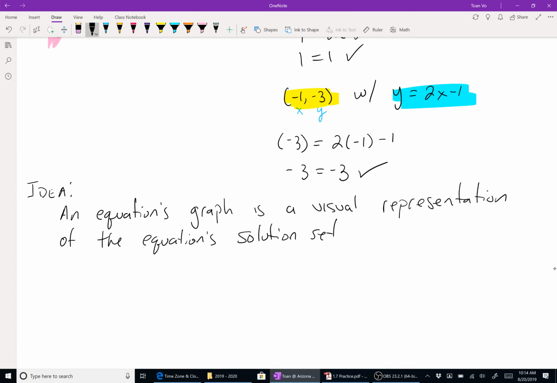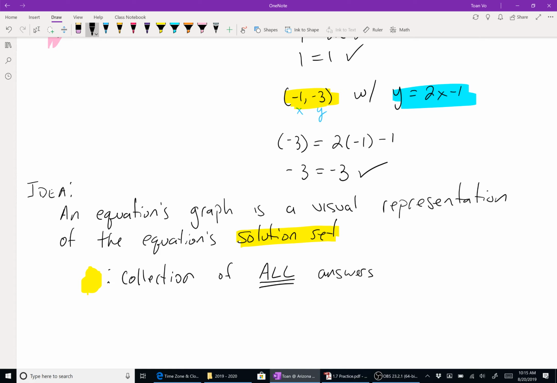Solution set is a technical term. If you don't know what a solution set is, a solution set is a collection of all answers.